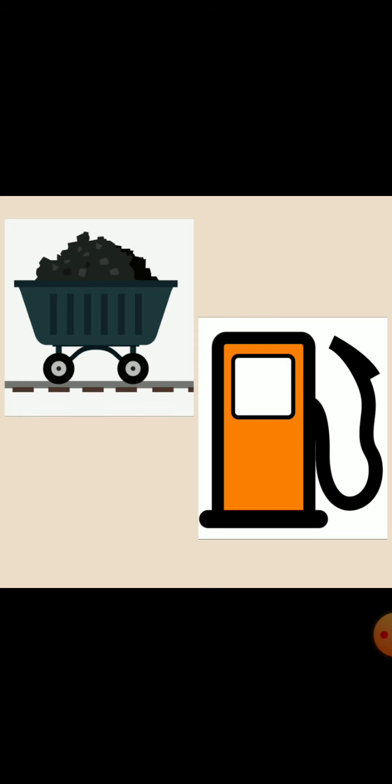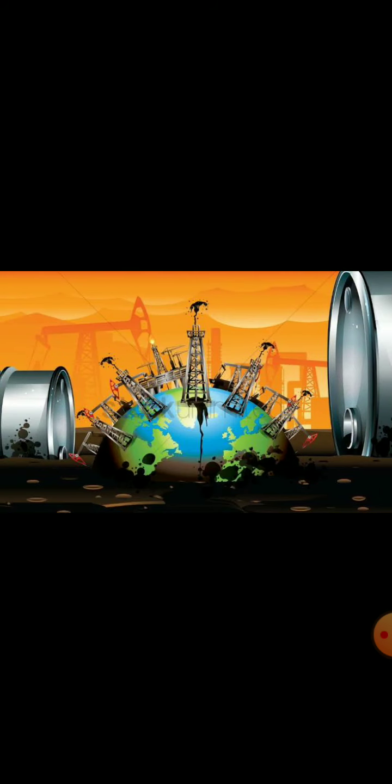We all have heard or read about environmental problems. These are often global level problems across the globe, and we feel helpless to bring any change in it.